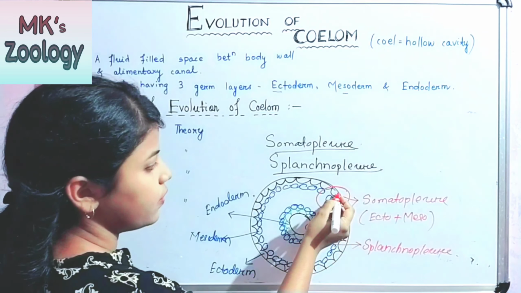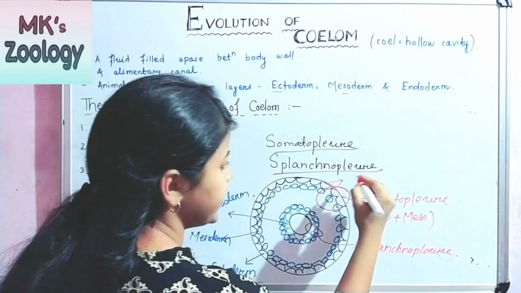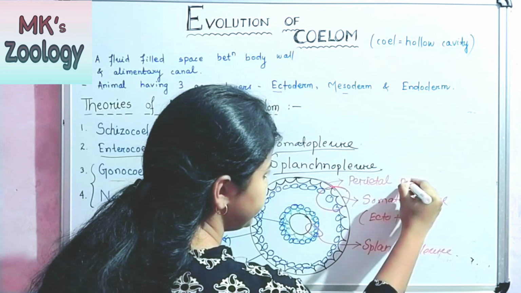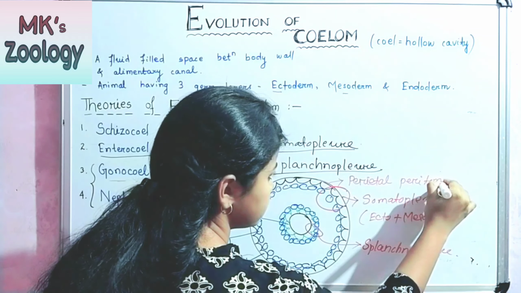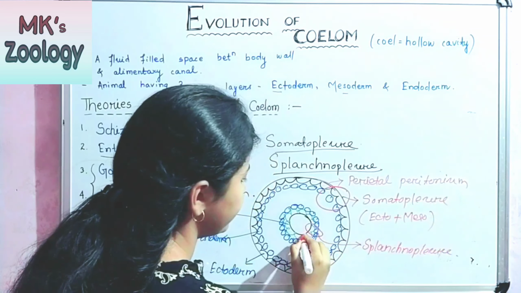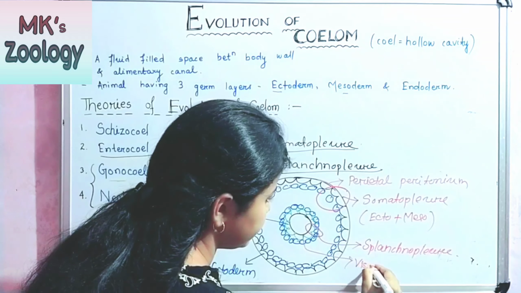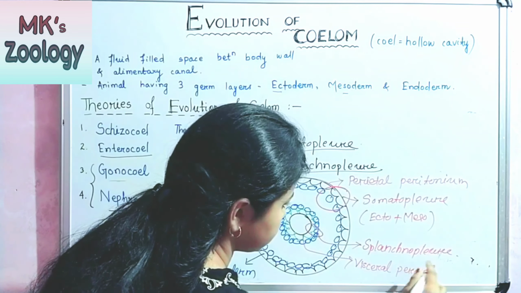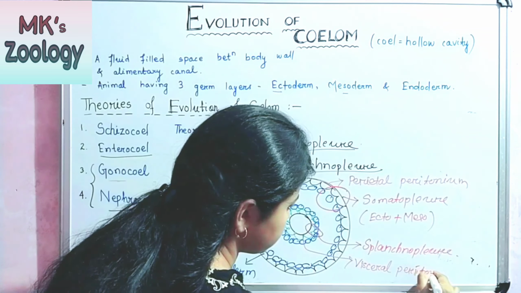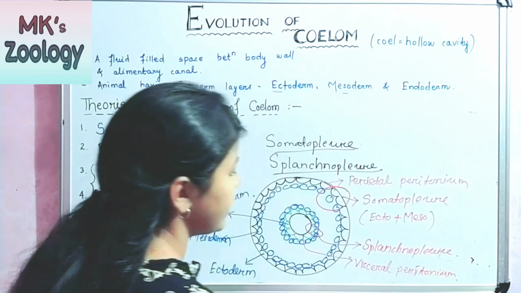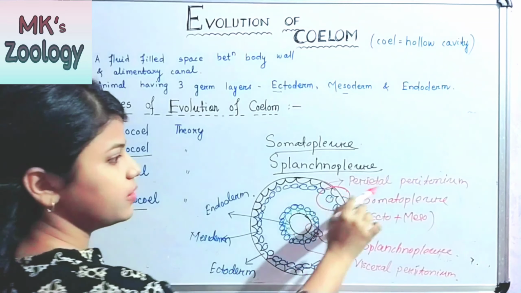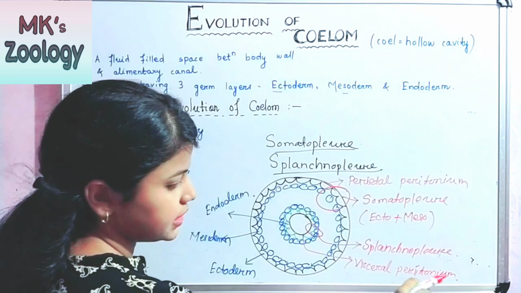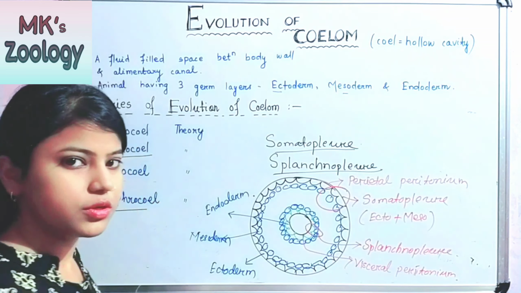The ectoderm side forms the parietal peritoneum. And the endoderm side forms the visceral peritoneum. And the embryological name of the parietal peritoneum is somatopleure, and the embryological name of the visceral peritoneum is splanchnopleure.